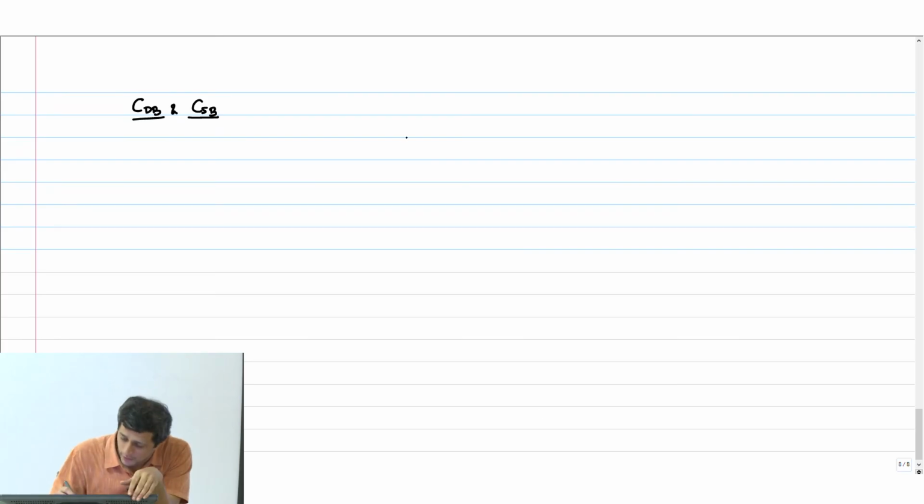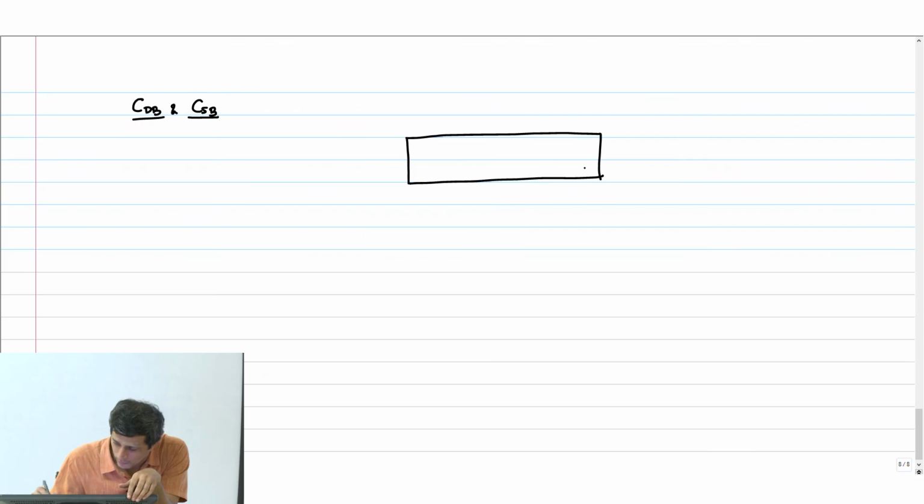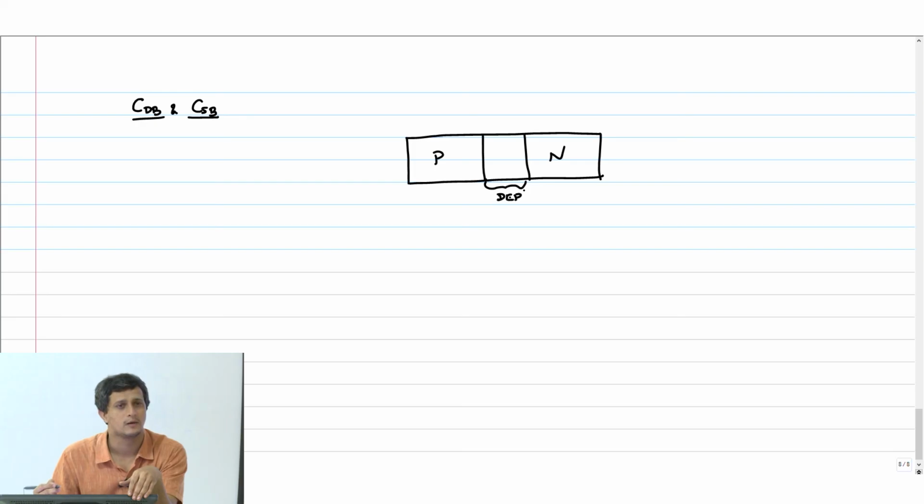So if I have a PN junction like this, this is my P, this is N. I have a depletion region here, with a total distance of WD. This will now form a capacitance and give rise to a capacitance in that PN junction.